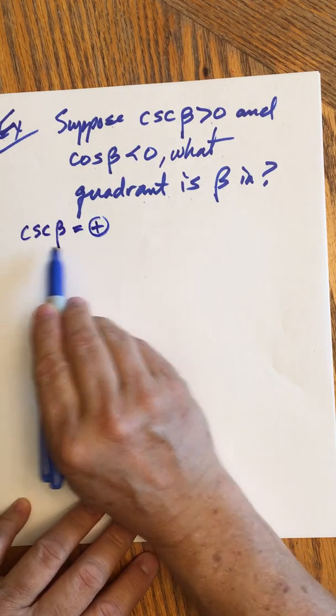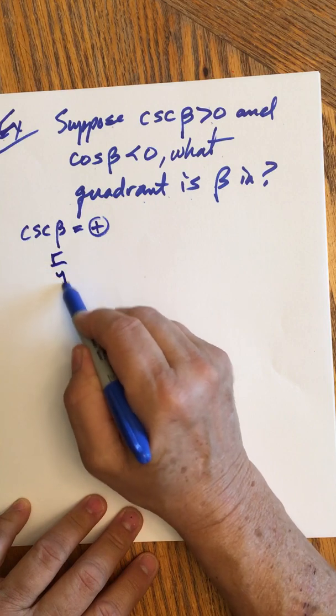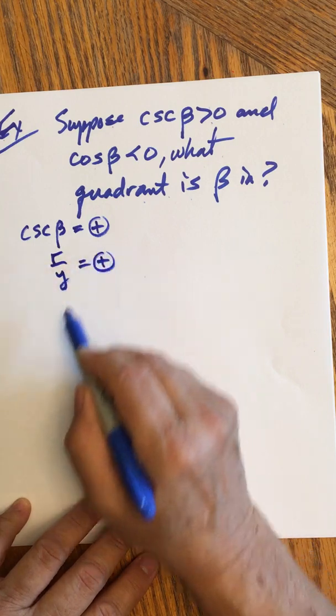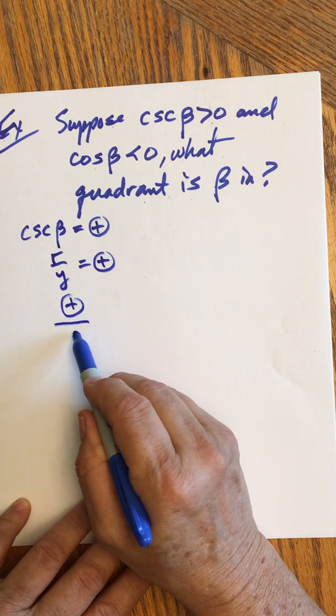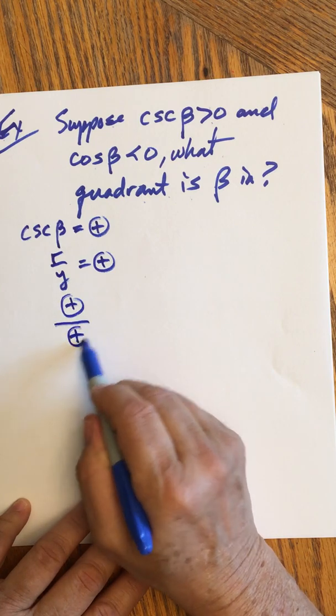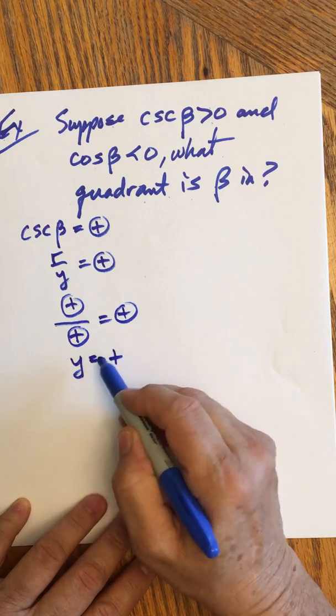So here cosecant of an angle is positive, and I know by definition this is r over y is positive. So here, since r is always positive, I have a positive number over it. This y must be also a positive number to come out with a positive number. So I know y is positive.